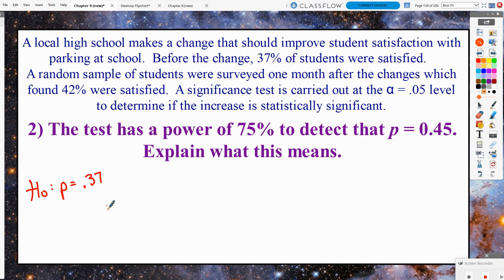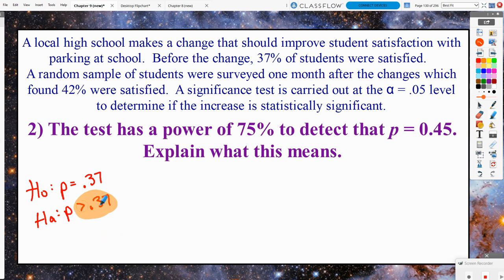We're going to pretend whatever changes they made didn't make a difference, that it's still the same satisfaction rate, versus they make some changes that they're hoping will increase the satisfaction rate, right? So consider that the alternate hypothesis is a number that's bigger than 37%. We're hoping that we increase the satisfaction rate.